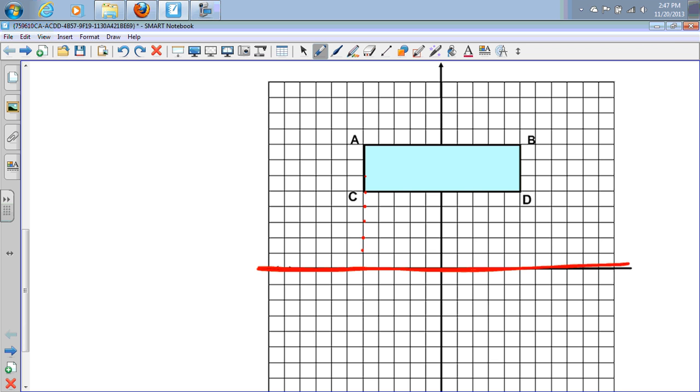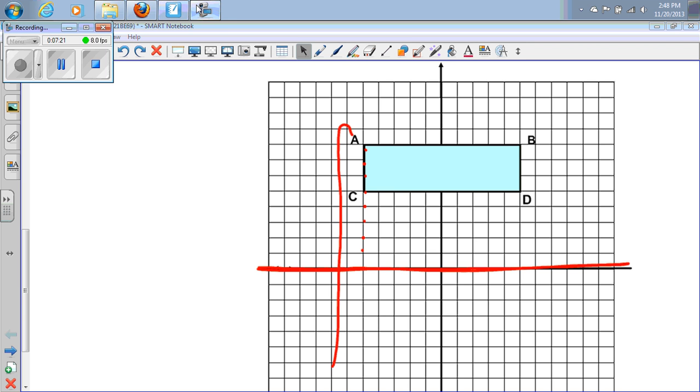How far is A from the mirror? You're going to take it and you're going to flip it and flop it on the other side of the axis, or the reflection, also known as the mirror. When you get those done, check with me about your checklist and move on.